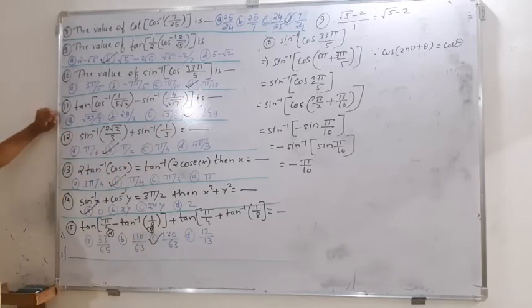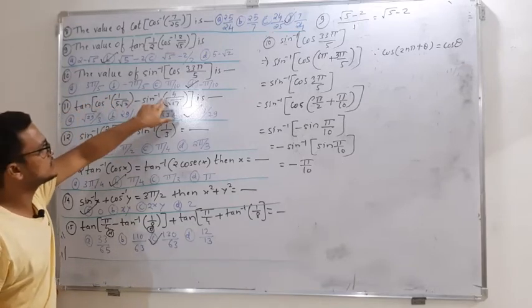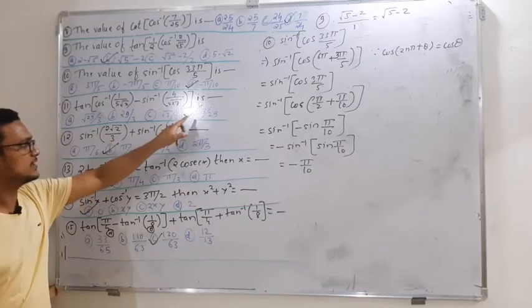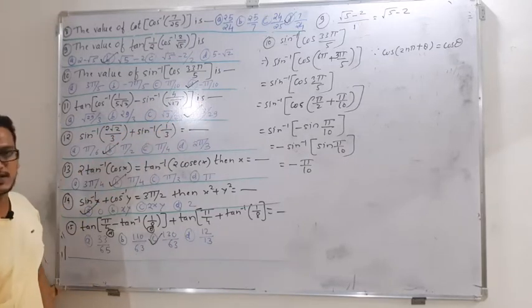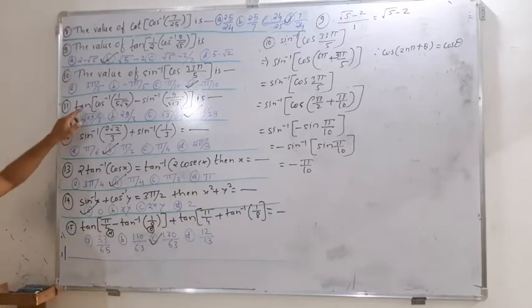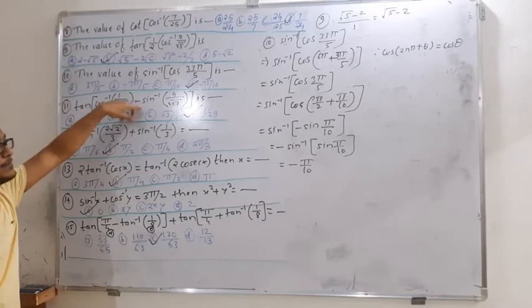Okay, next question number 11: tan of cos inverse of 1 upon 5 root 2 minus sine inverse of 4 upon root 17 is. So the options are these. I have marked option D as correct, but how that option D is correct we have to verify. For this we will use the tan of A minus B formula. What is the tan of A minus B formula?